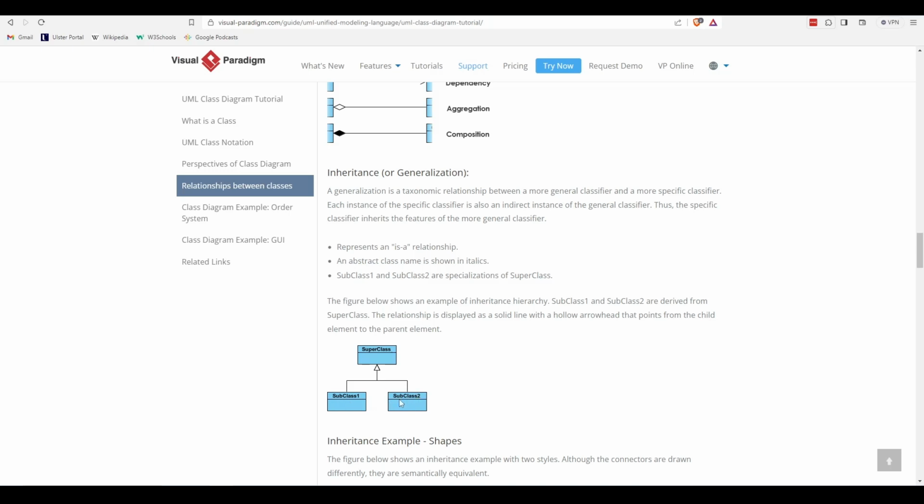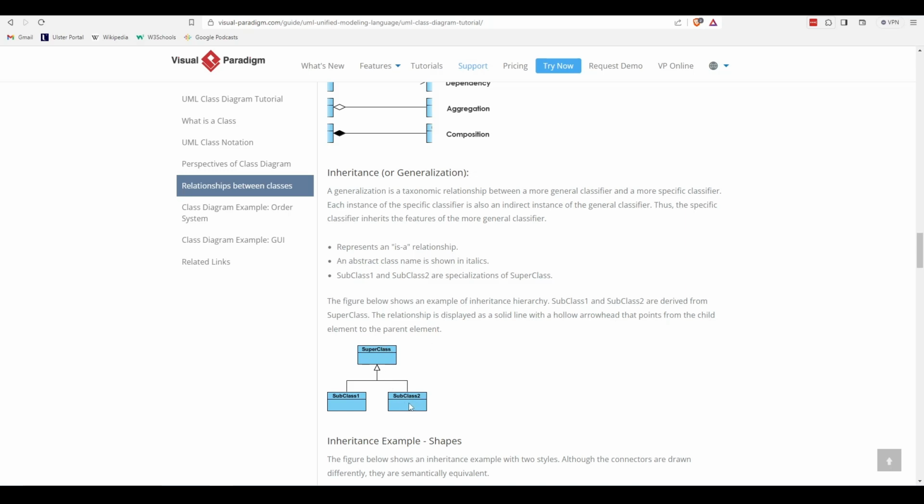These are specific types of this class. So this is a general inheritance hierarchy. The relationship is displayed as a solid line with a hollow arrowhead that points from the child element to the parent element. So it points up to the parent.